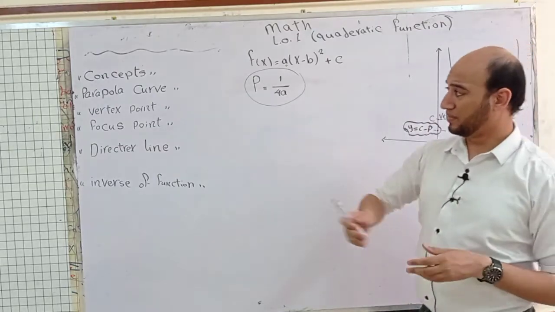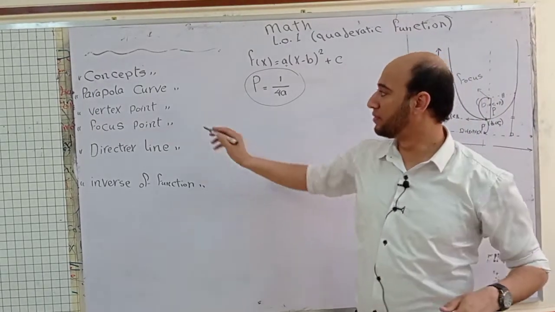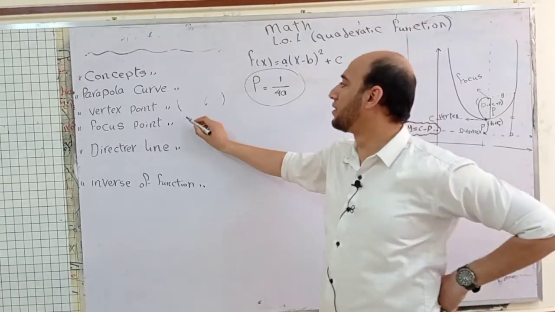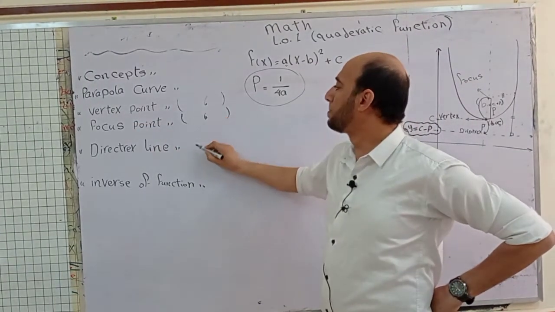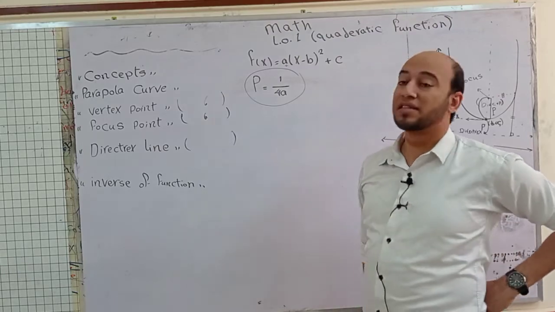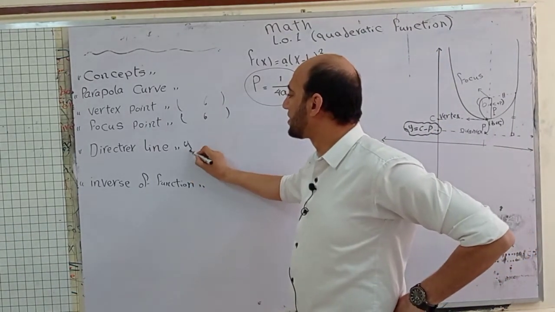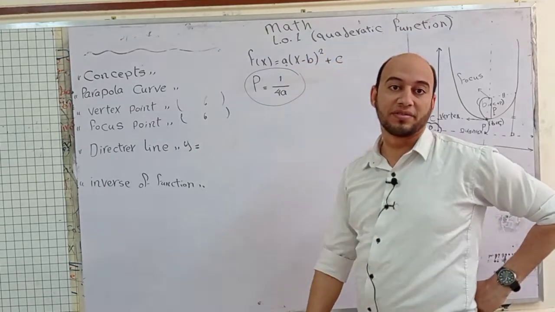Then the vertex is a point, has two coordinates. The focus is a point, has two coordinates. The directrix line is an equation.